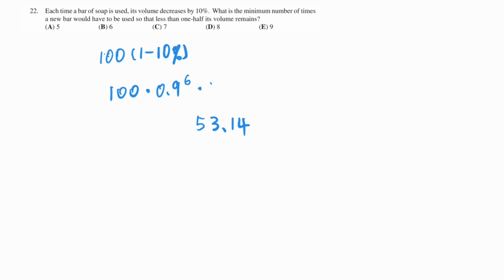Now use the calculator and multiply by another 0.9. This time it gave us 47.8. So that's less than 1/2 of the volume. So the answer will be C, 7 times.